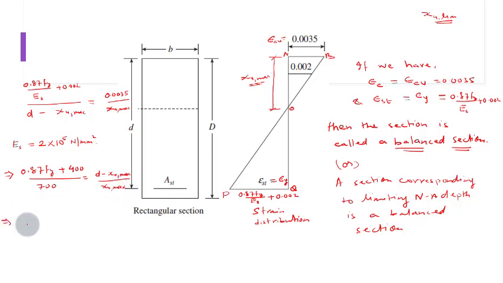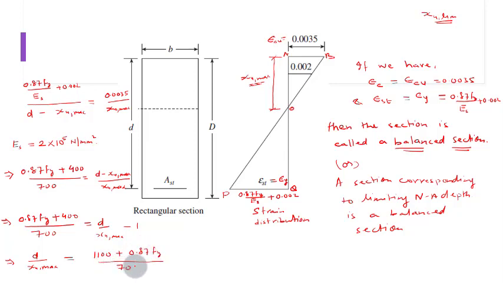Further simplifying this, you will be having the expression like (0.87 Fy plus 400) by 700 equal to D by XU max minus 1, or you'll get the expression as D by XU max equals (1100 plus 0.87 Fy) by 700.